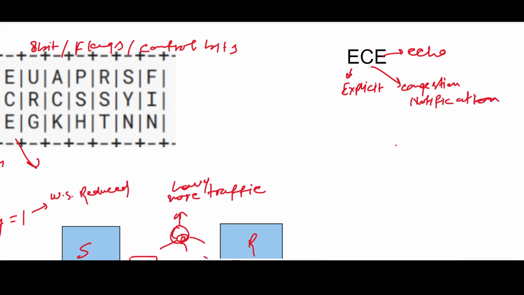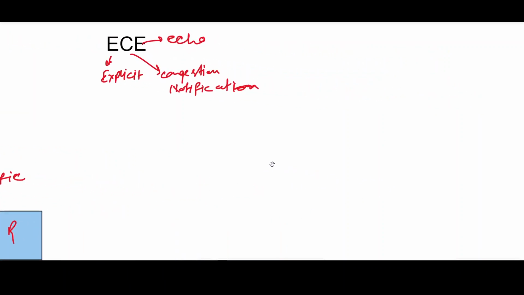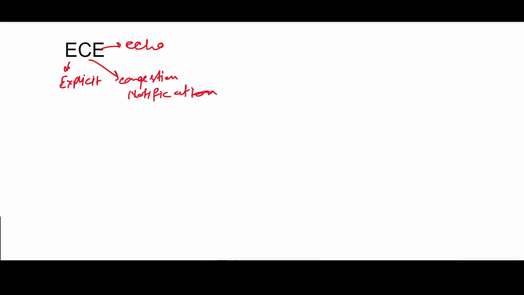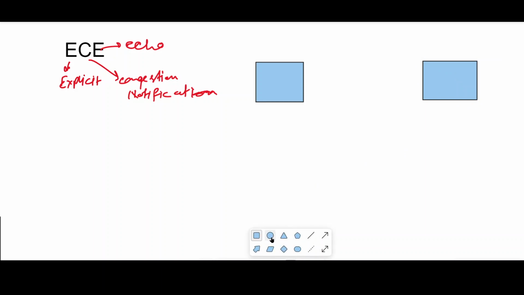That means, suppose there is a router here. Suppose this is the sender and this is the receiver, and here there may be many routers, so we can say there is a router 1, there is a router 2.